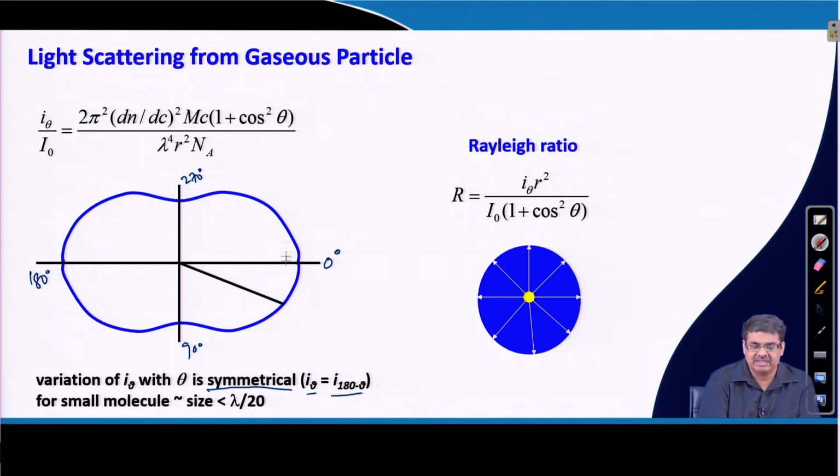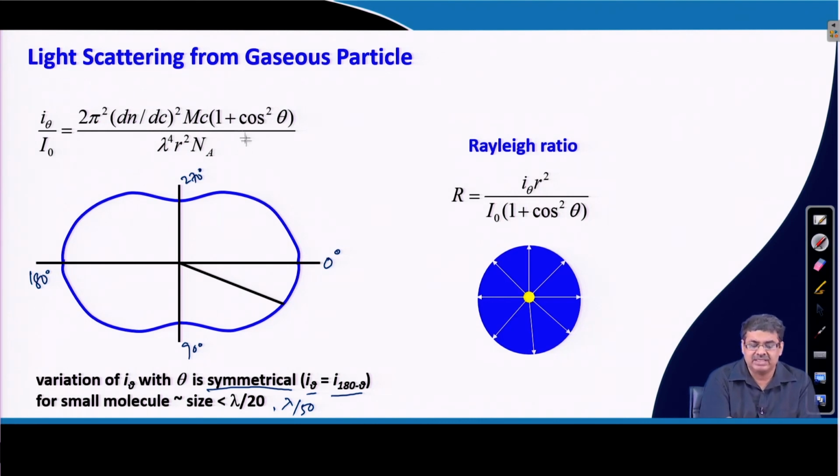So, basically we have a symmetrical shape, and this happens for small molecules. As I said, this is not a fixed number; sometimes we can write it as lambda by 50. That number is not very well defined, but when the gas molecules are small, we have this type of scattering overlap.